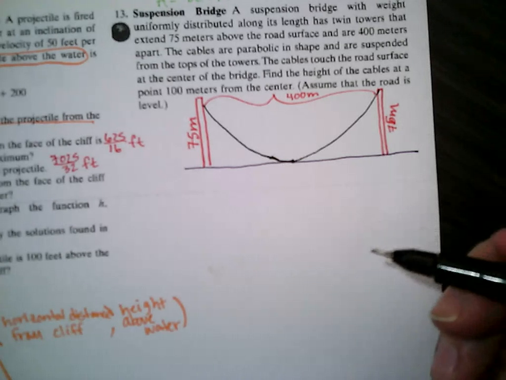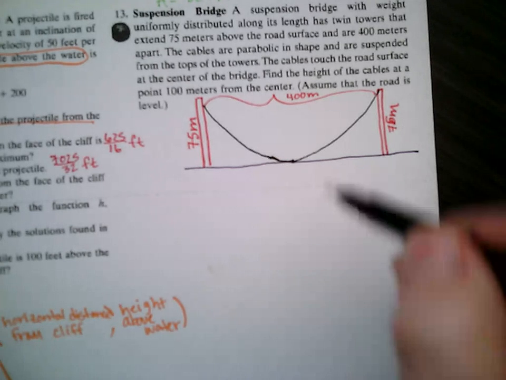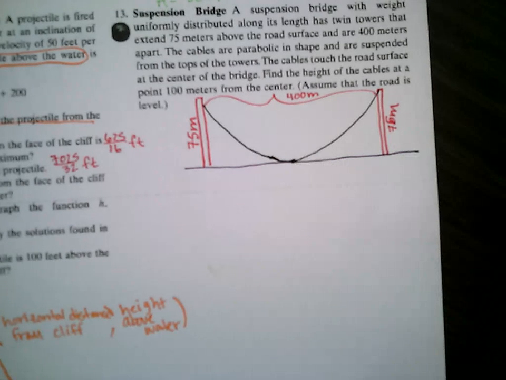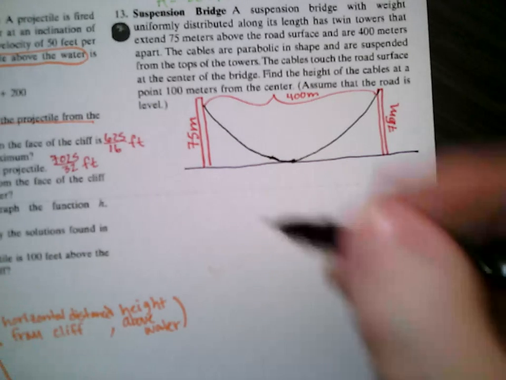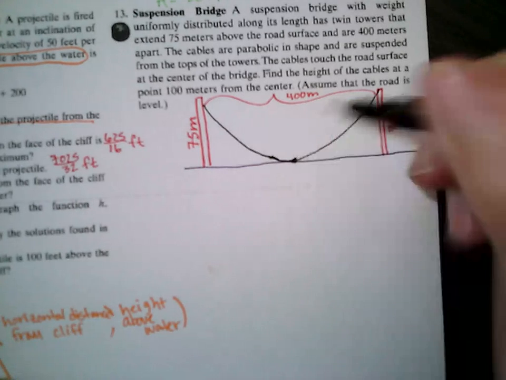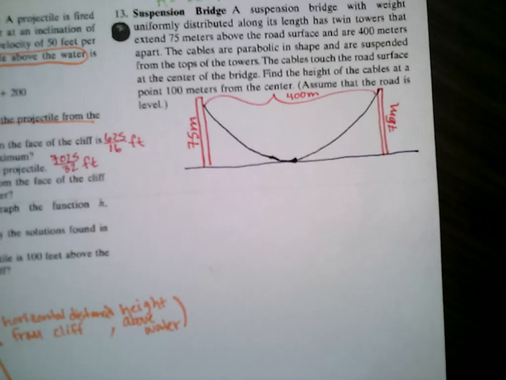So that makes like a parabola shape. And we're supposed to figure out the height of the cables at a point that's 100 meters from that center point. So we're going to be working from that center there.